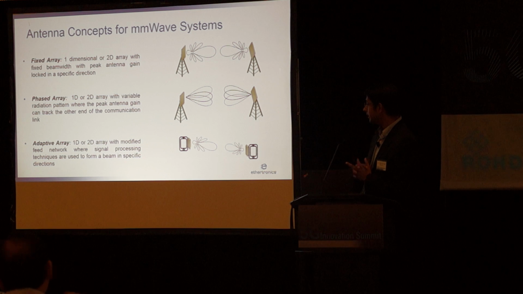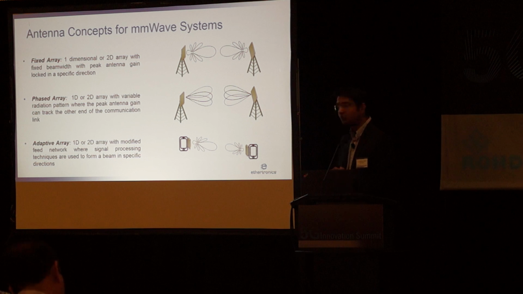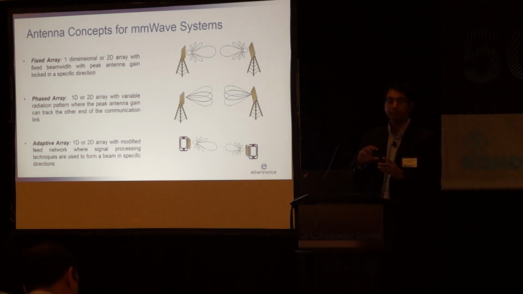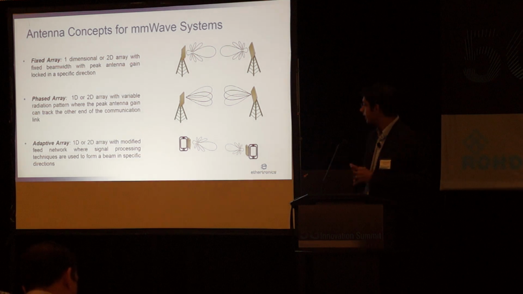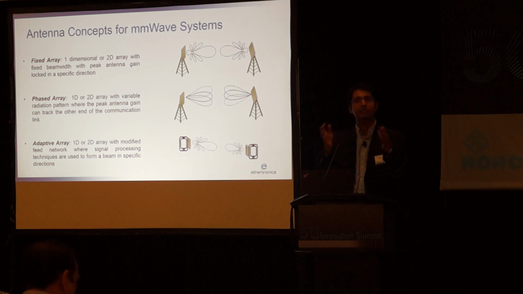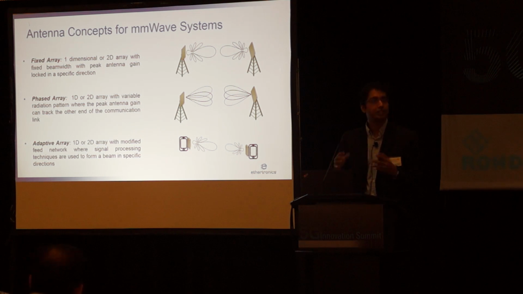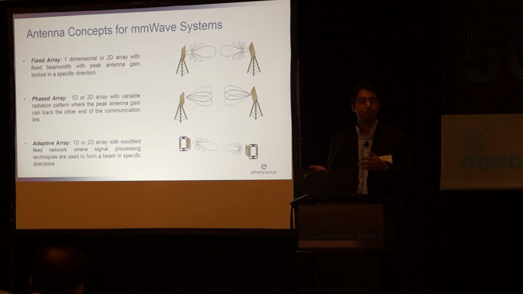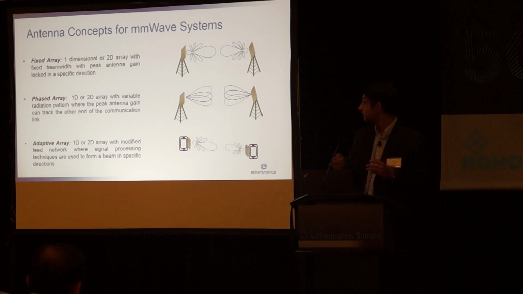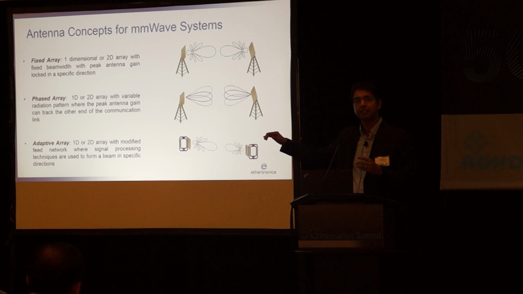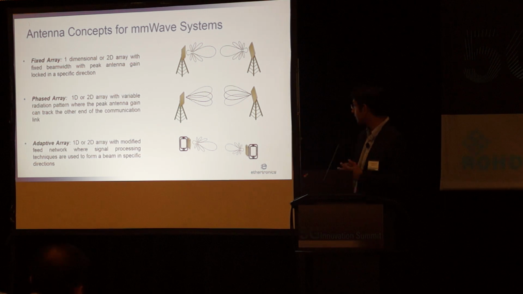Now, the last thing that I want to talk about in terms of the array design is the adaptive array. And this becomes more interesting because this is where we add a bit of signal processing at the feed of the antennas of the array. In this case, instead of starting with a pattern which is predetermined or fixed, we can have some kind of a feedback loop with the baseband, which will allow us to manipulate the shape of the beam, which is what we do in beamforming, where we have some phase coefficients that can be added on each of the antenna elements in the array, and we can shape the beam in a particular direction.